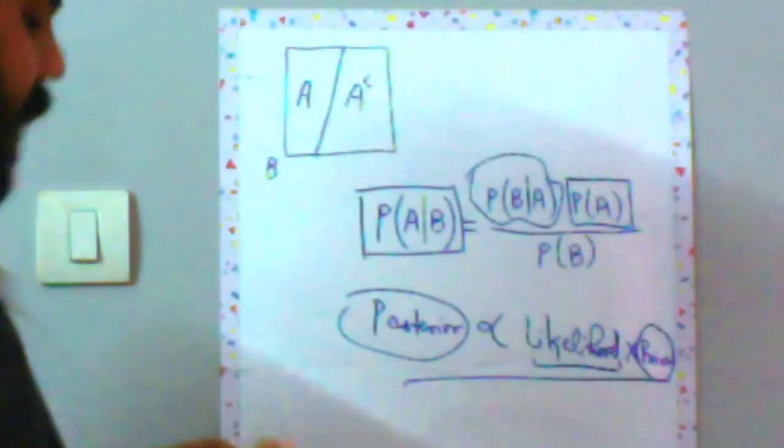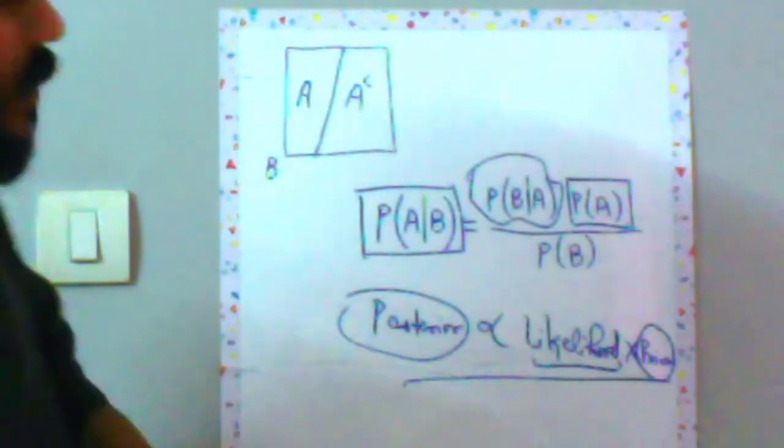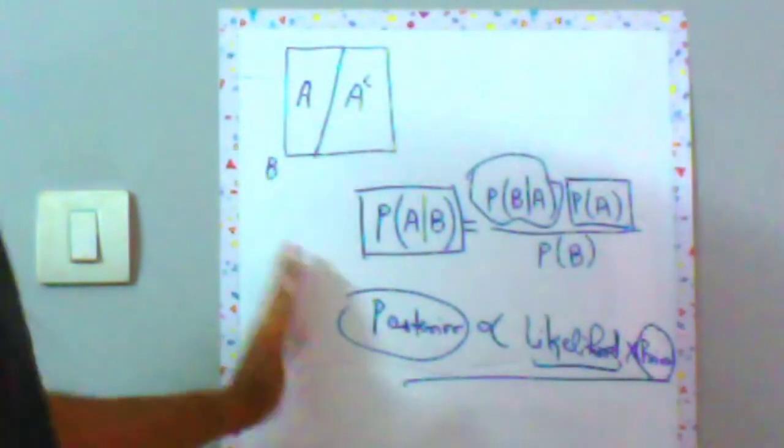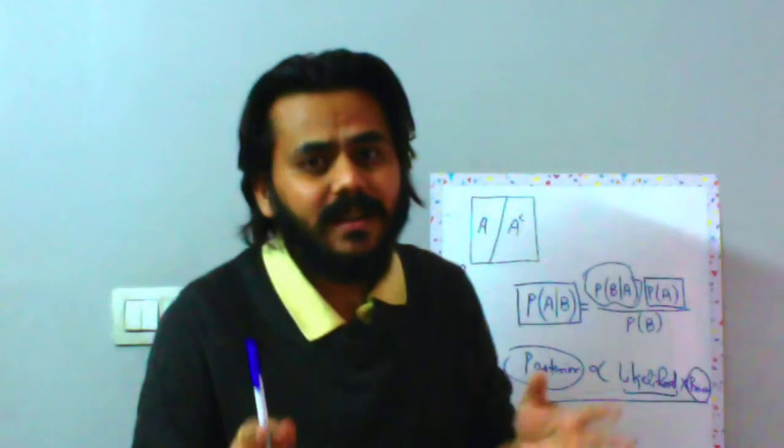This is the main essence of Bayes' theorem and Bayesian statistics: we start with a prior belief, which is your initial probability, and we update that probability using the data and likelihood to get our posterior probability, the updated probability.